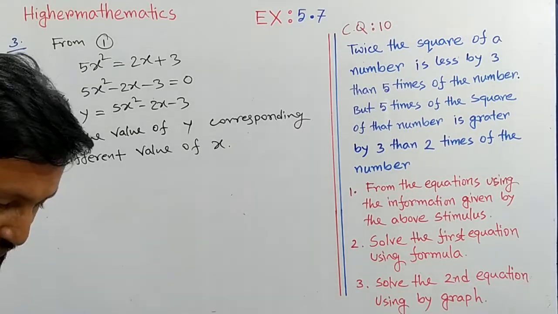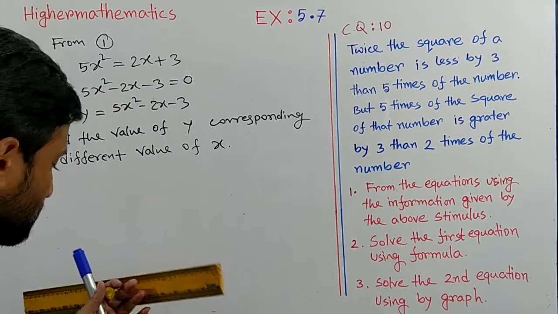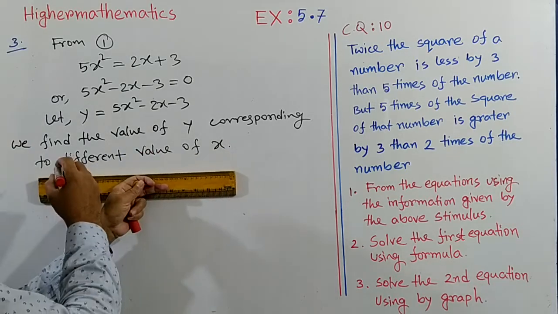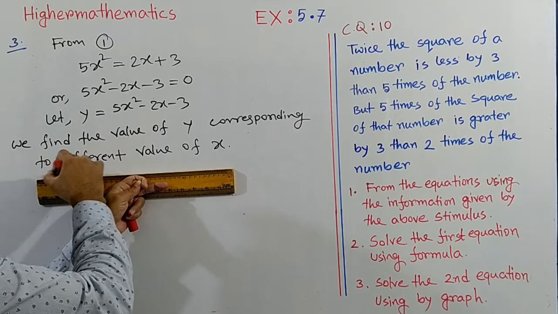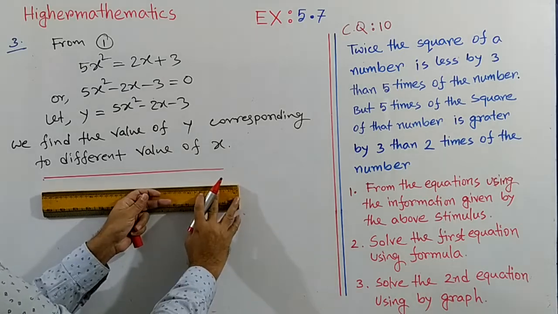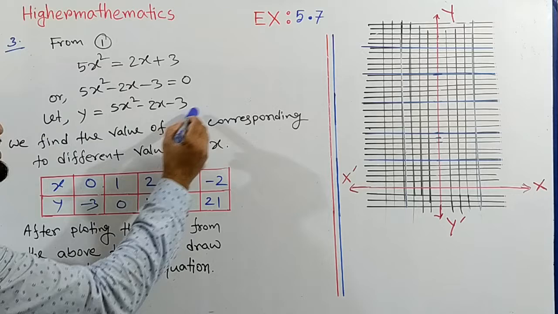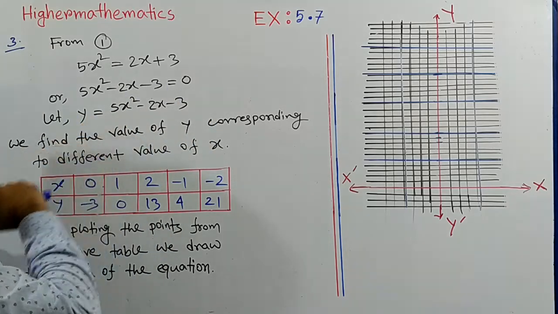Now follow the process. At first draw the table like that. Now create this table from this equation, and for each corresponding value of x, find the value of y.